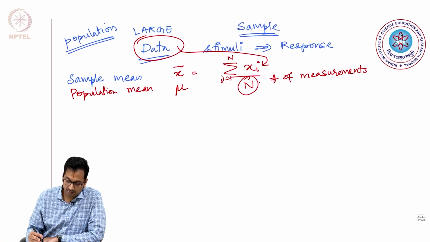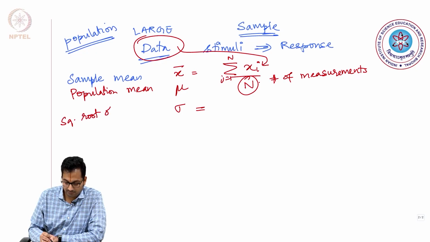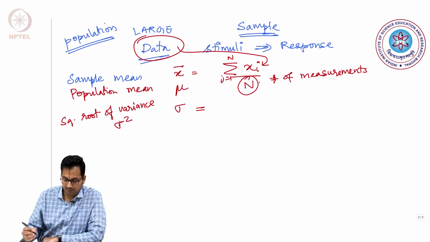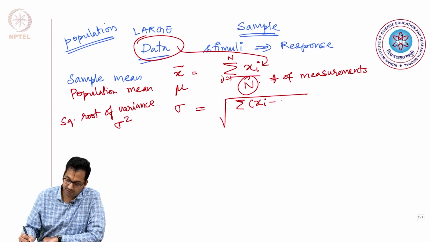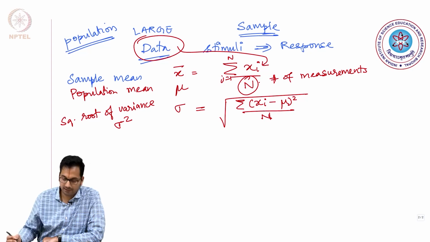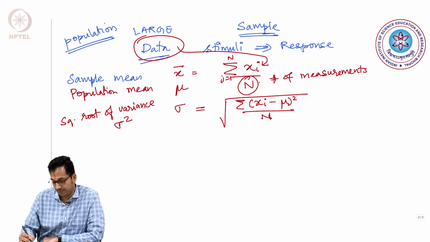The other definition that we laid forth was the standard deviation. The standard deviation is nothing but the square root of variance. Variance is sigma square, and this is defined through the deviations of each data point from the population mean, divided by the number of measurements.